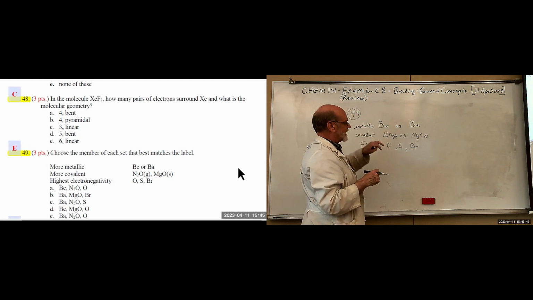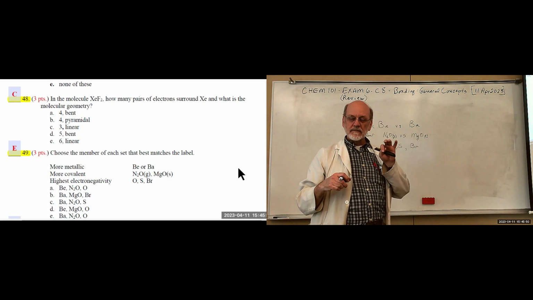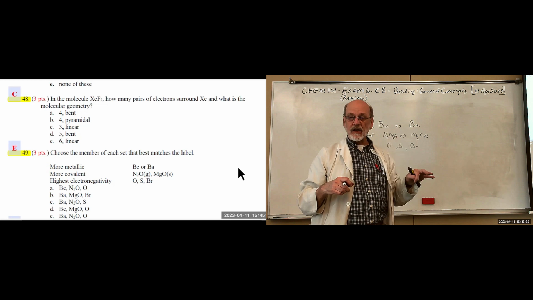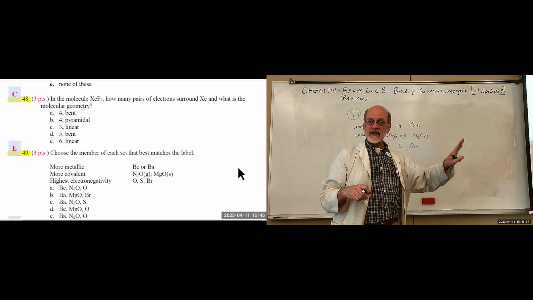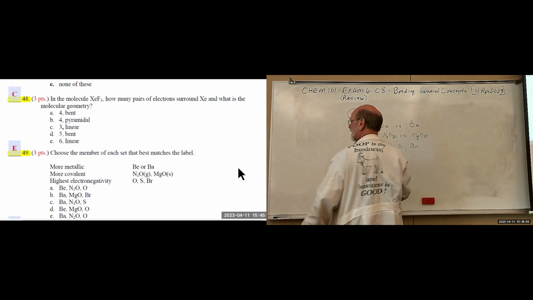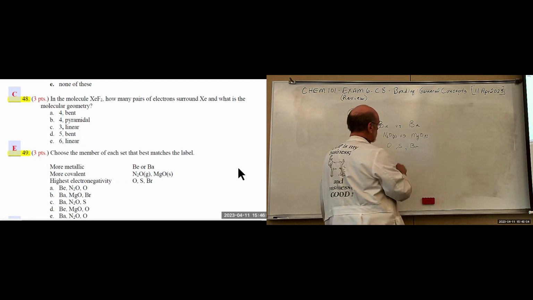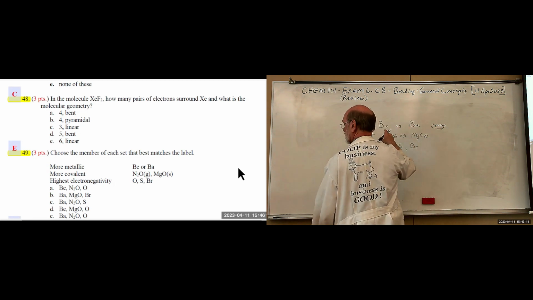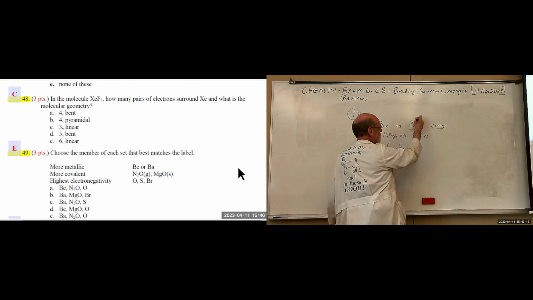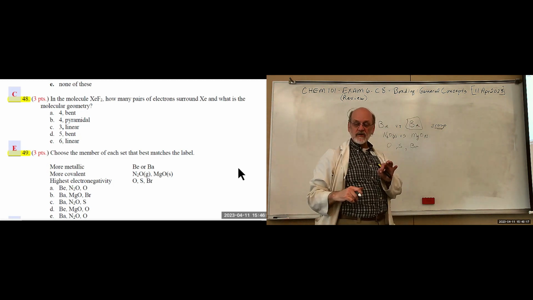The first one, metallic. The more metallic one is the lower left-hand corner of the periodic table, or to the left if it's in the same period. So barium and beryllium. Actually, barium and beryllium are in the same group, right? So barium is further down, which means it has lower electronegativity.